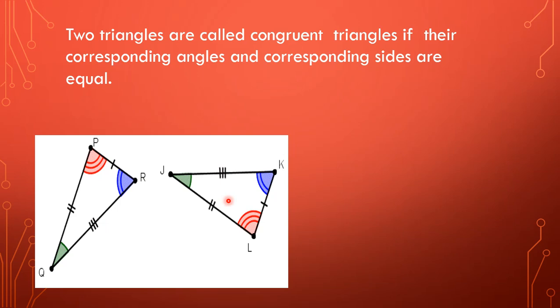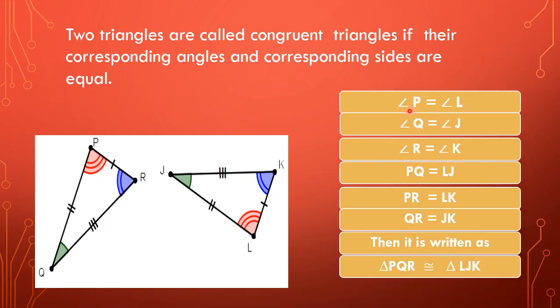So we can write angle P is equal to angle L, angle R is equal to angle K, angle Q is equal to angle J, side PR is equal to side LK, side PQ is equal to side LJ and side QR is equal to side JK.